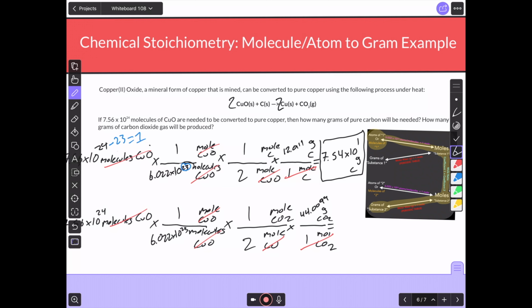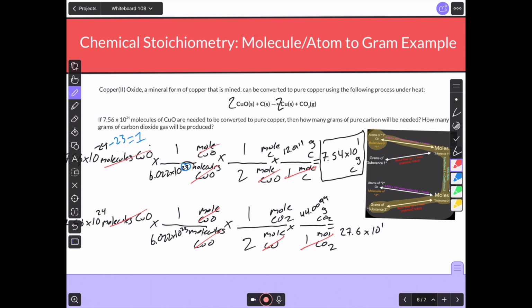CO2 will be different since we now have a different molar mass. So it's 7.56 divided by 6.022 divided by 2 times 44.0099. This time I get 27.6, and it will be times 10 to the 1 again since it's the same situation.